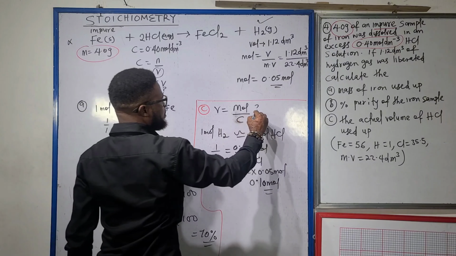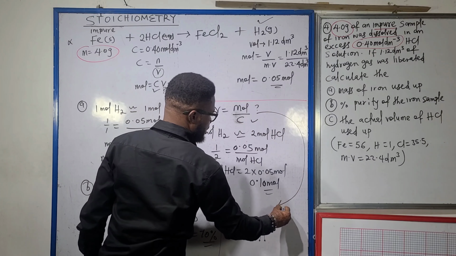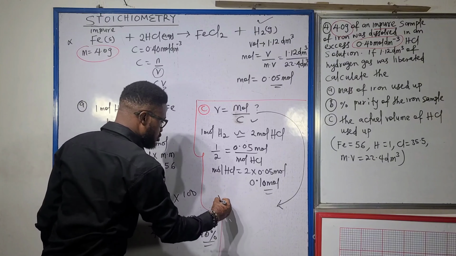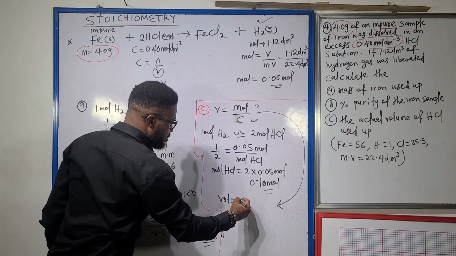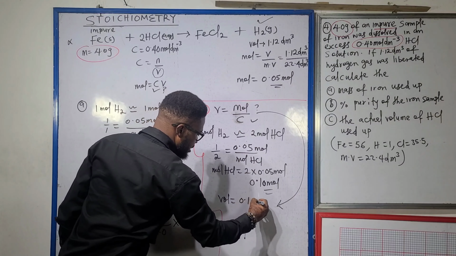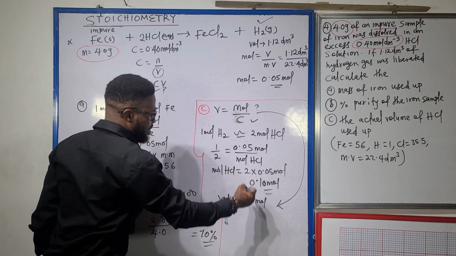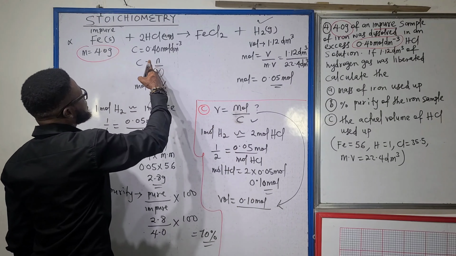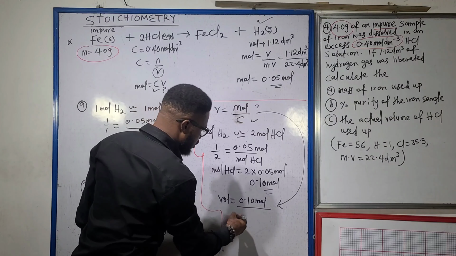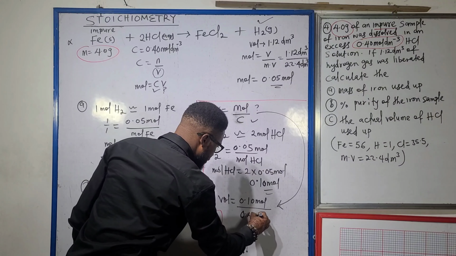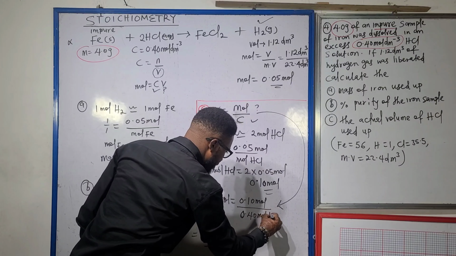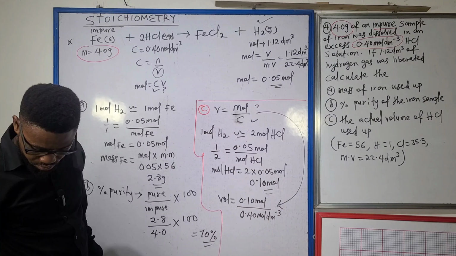Therefore, I can then bring this into play now. So the volume used up equals mole, and the mole now is 0.10 mole divided by the concentration, which is 0.40 mole per dm cube.